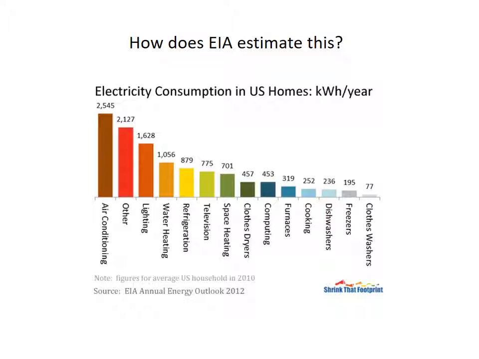Then there's this other category, then lighting, water heating, refrigeration, television, space heating, and then down the line. So in general, we have an idea overall of, on an annual basis, what activities represent most electricity consumption on the residential level.